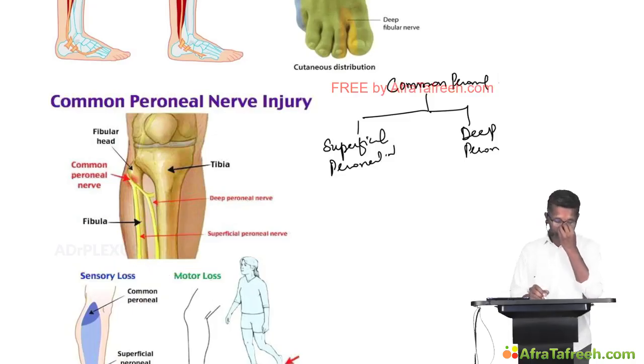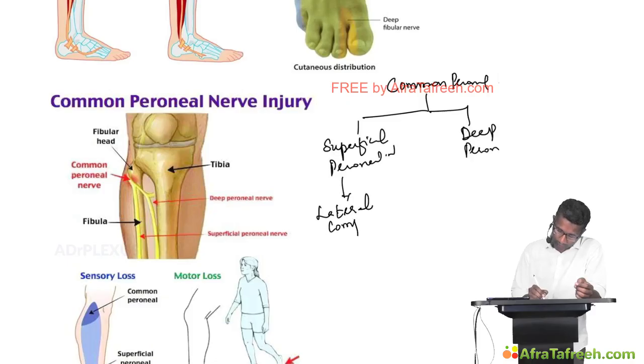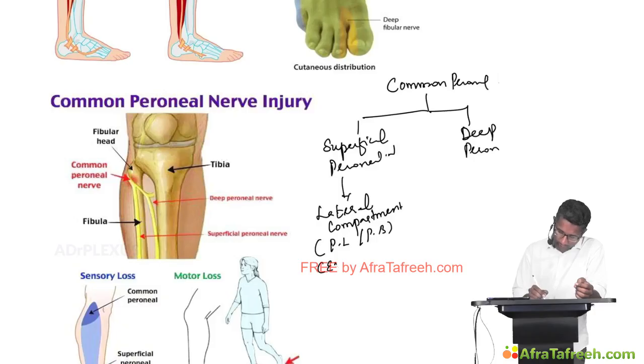The superficial peroneal nerve supplies the lateral compartment of the leg. It supplies the two muscles, peroneus longus and peroneus brevis, which are basically the everters of the foot.